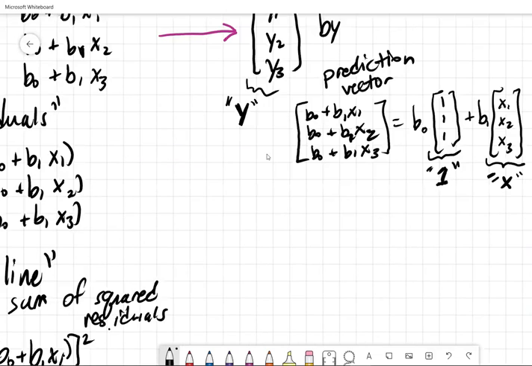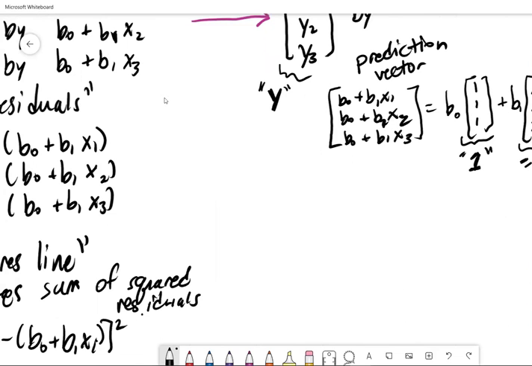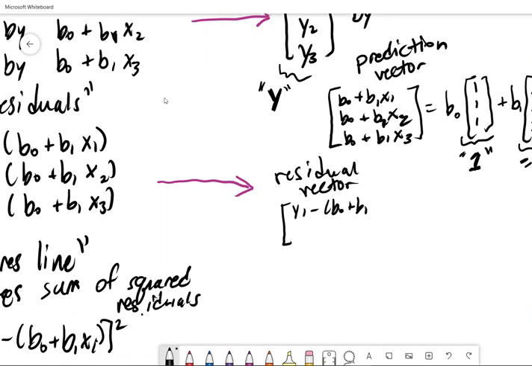What do the residuals look like? Let's do another arrow for the residuals, and we get a residual vector. What does it look like? It has y1 minus (b0 plus b1 x1), y2 minus (b0 plus b1 x2), y3 minus (b0 plus b1 x3).